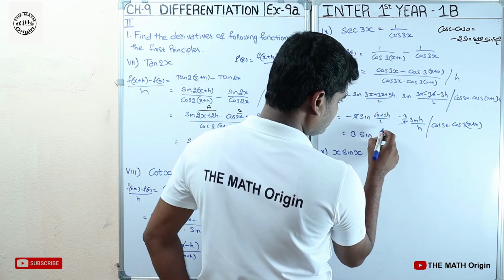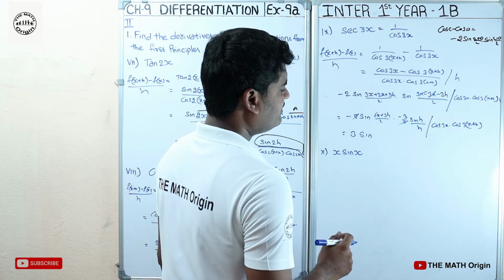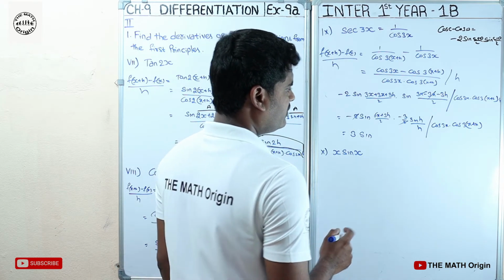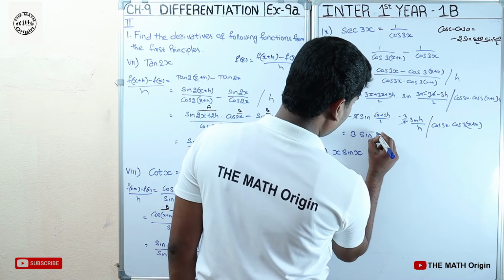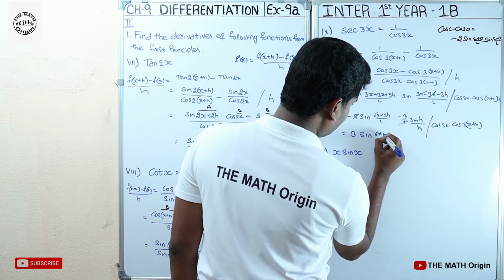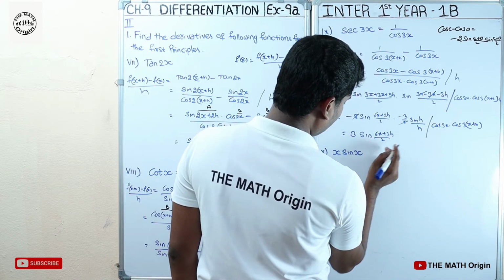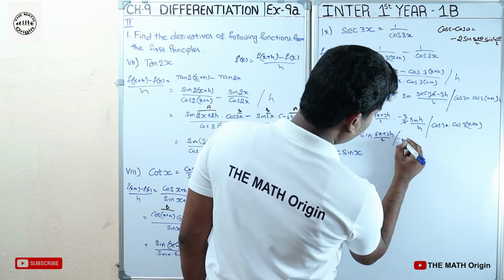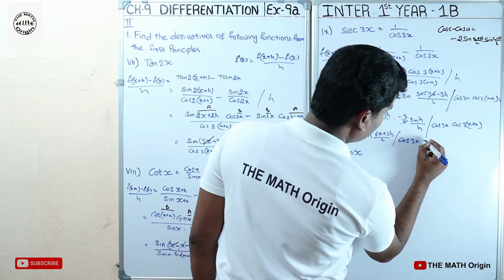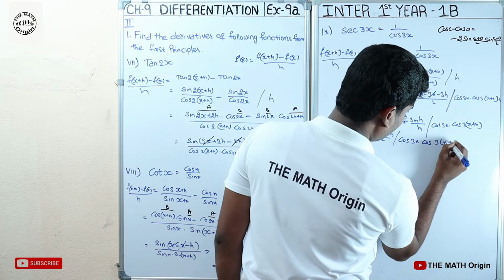So from this 2 is cancelled, minus into minus is plus, therefore that is equal to 3 sin of (6x plus 3h)/2, whole divided by cos 3x into cos 3 of (x plus h).